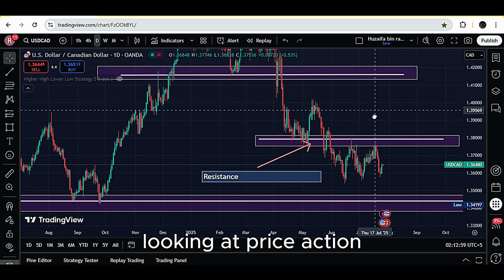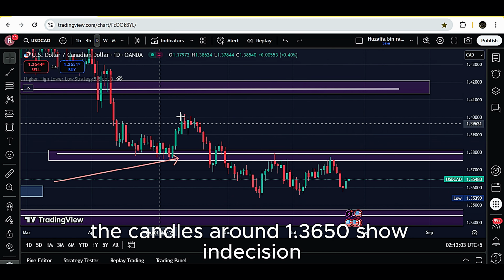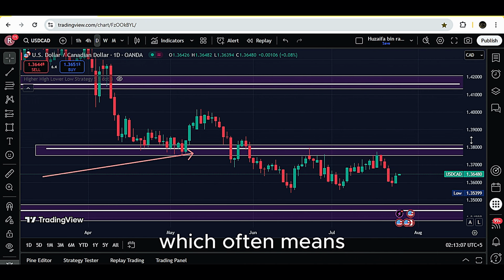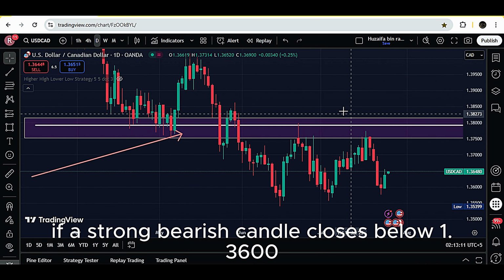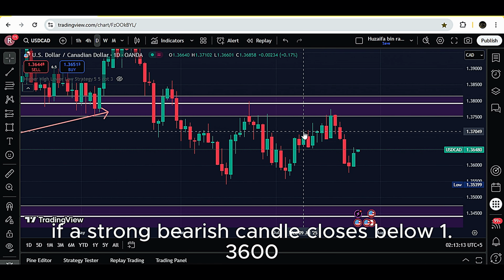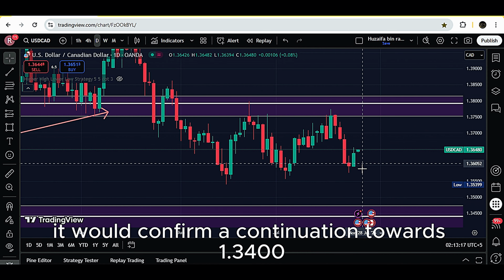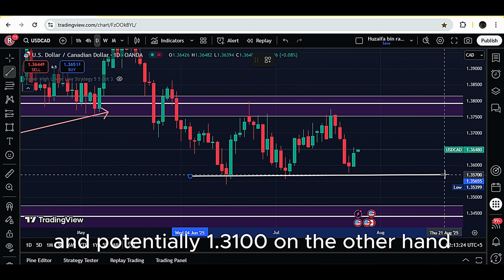Looking at price action, the candles around 1.3650 show indecision, with smaller body candles and wicks, which often means the market is preparing for its next move. If a strong bearish candle closes below 1.3600, it would confirm a continuation towards 1.3400 and potentially 1.3100.